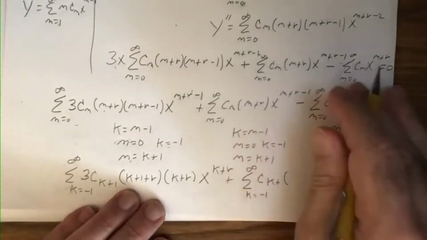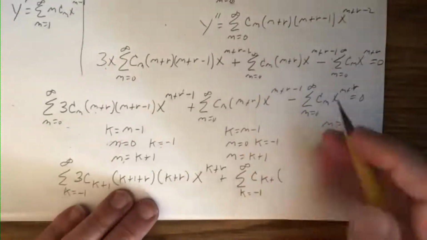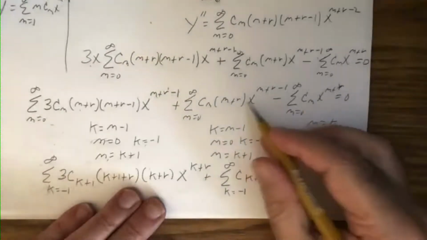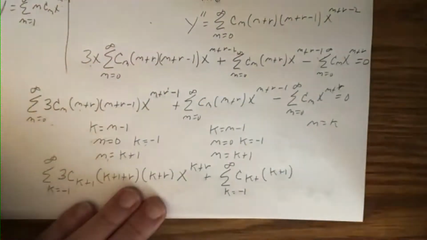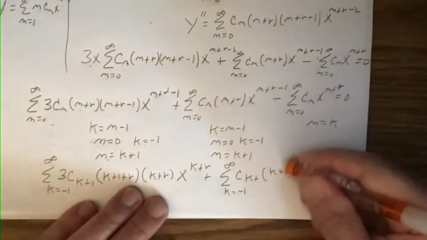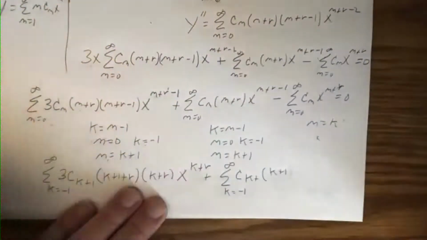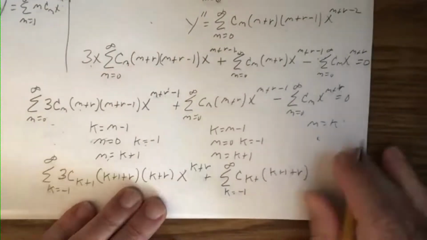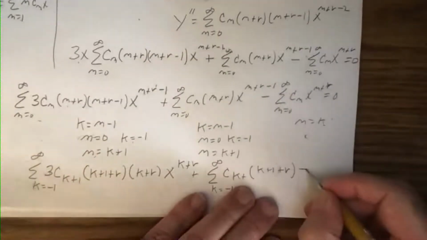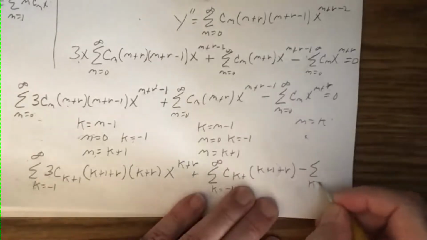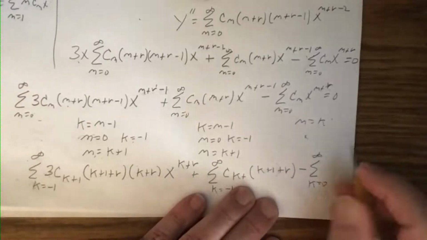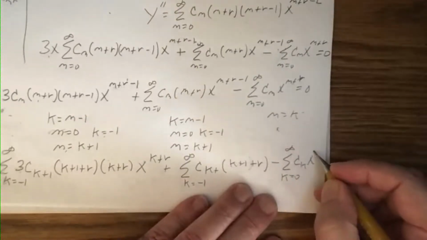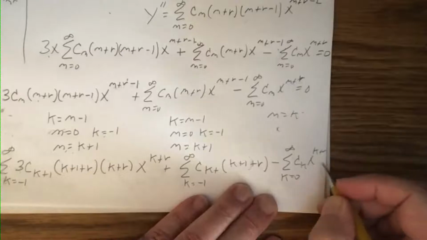Here I got n, so n is going to be k plus 1, plus r. And now I got a minus. Here I'm just going to make k equal to 0, just substituting in like we did last time, and this is going to be k plus r.